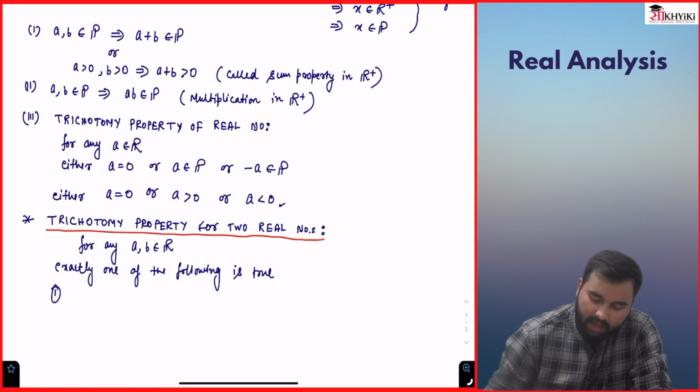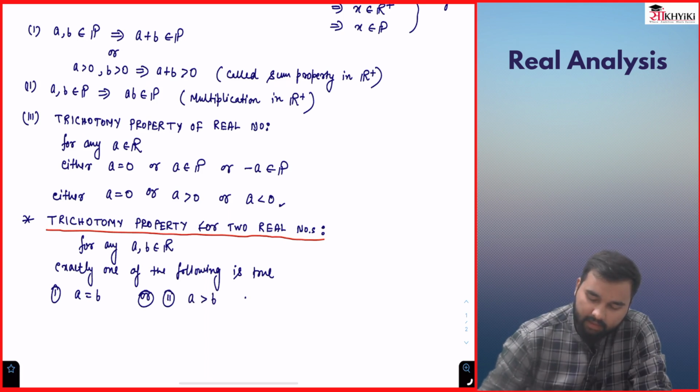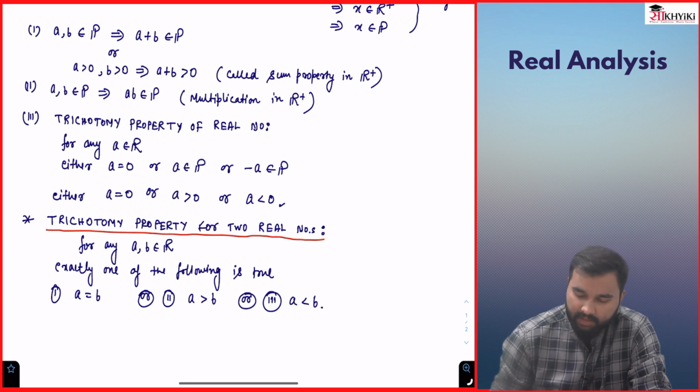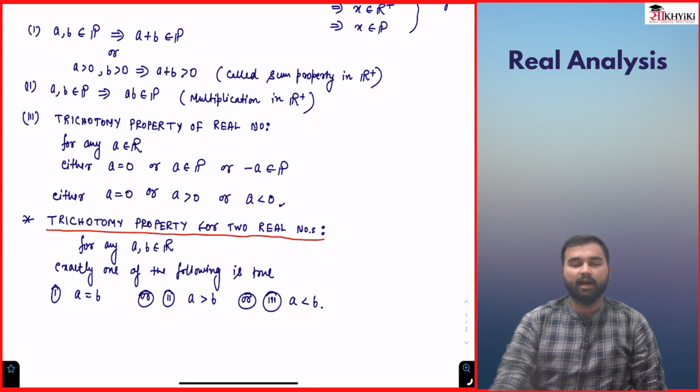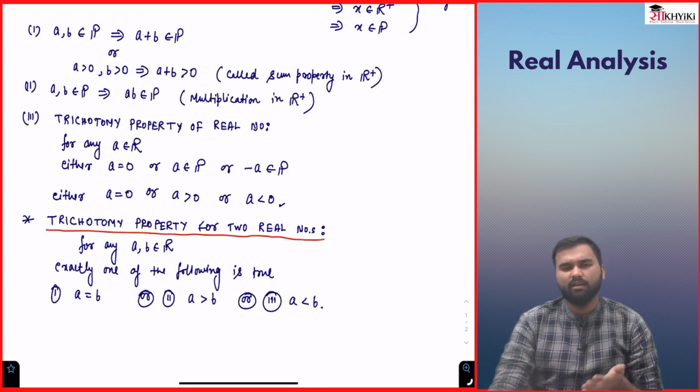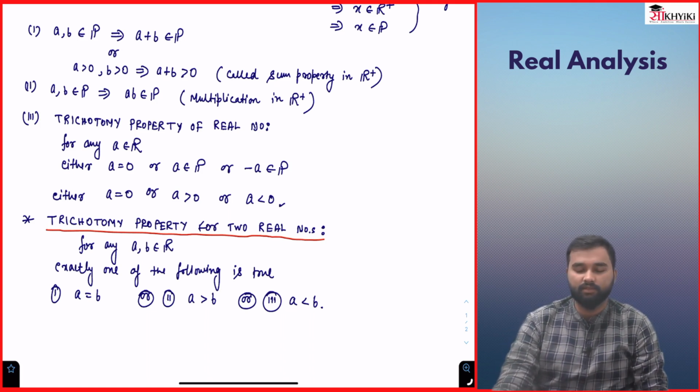First, either they can be equal, or second, A is greater than B, or third, B is greater than A. Given two real numbers, what can we say about them? Either they are equal, or one of them is greater than the other and the other is less than the first one.